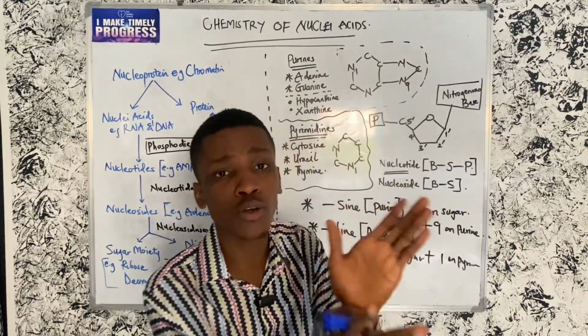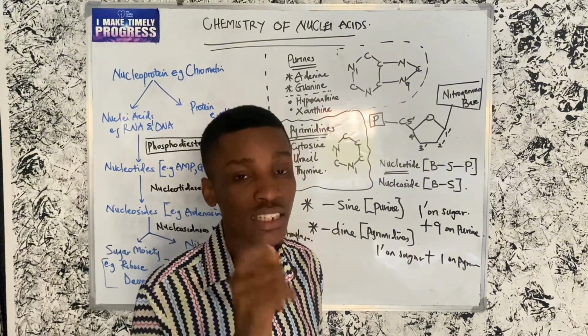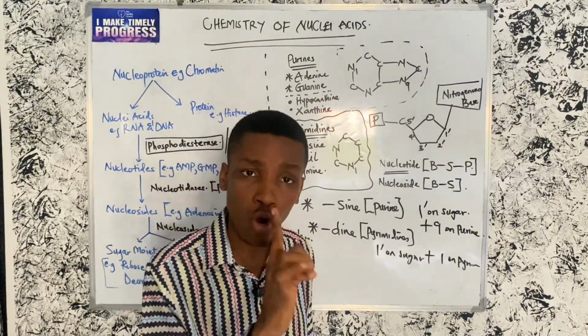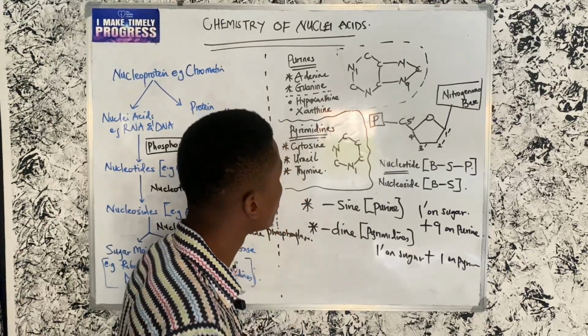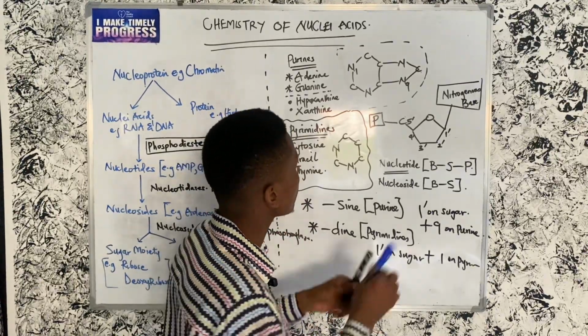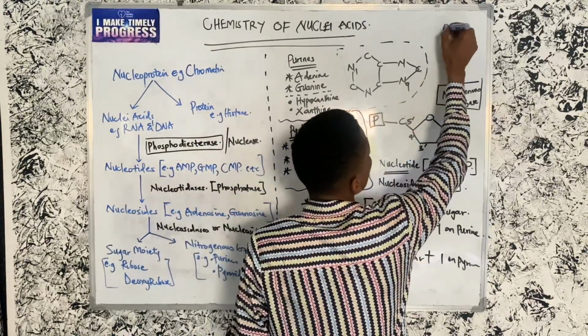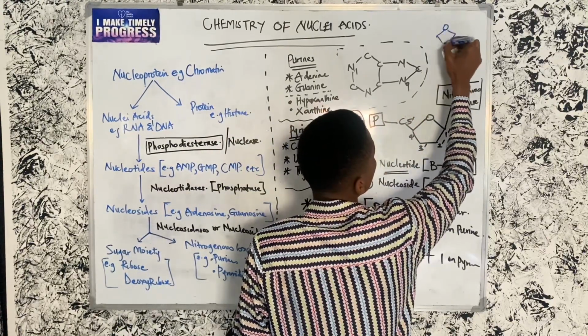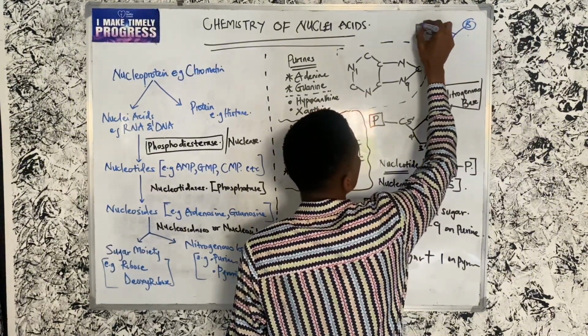What will link many nucleotides together is a phosphodiester bond. How is this bond formed? It's important you know it. A phosphodiester bond is going to be formed between, so if I'm trying to sketch something here, I have a sugar here that has a base and has a phosphate.